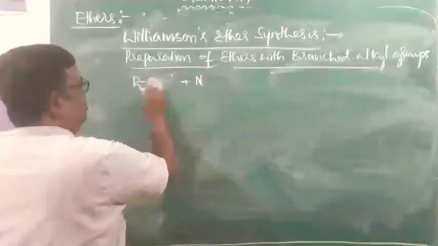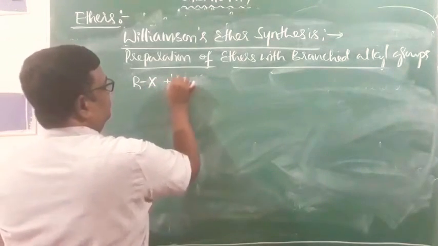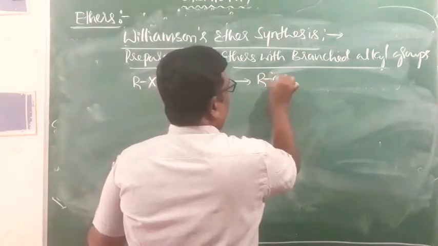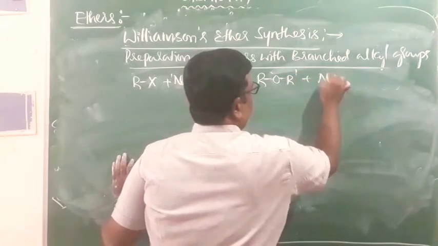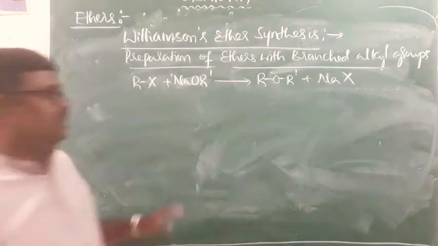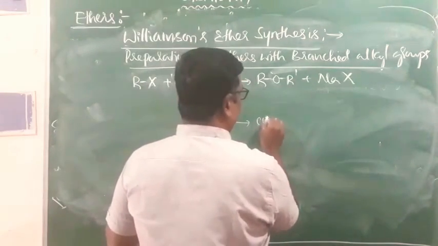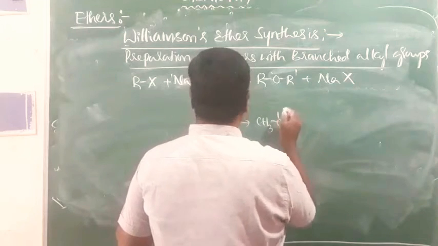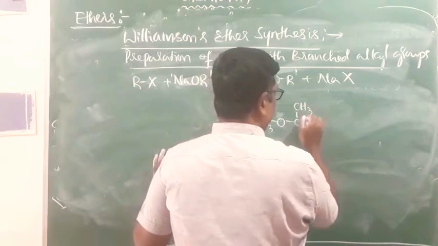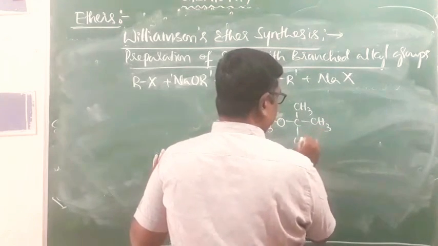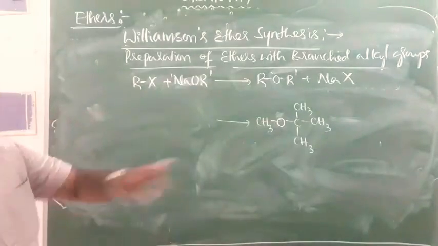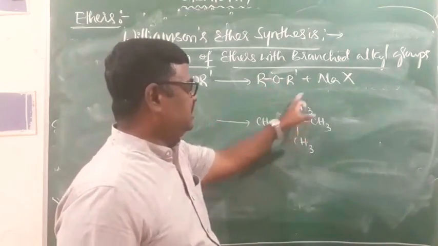RX plus NaOR' gives ROR' plus NaX. Now I want an ether with a branched alkyl group, CH3OC(CH3)3. R is CH3 and R' is the tertiary butyl group.